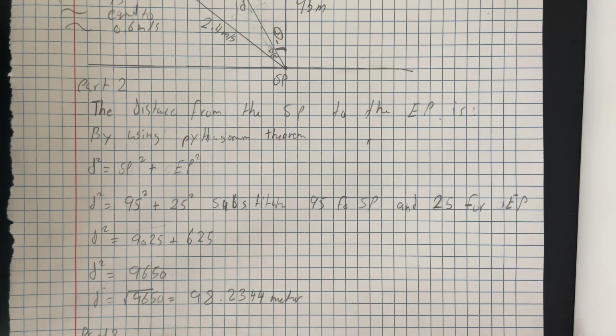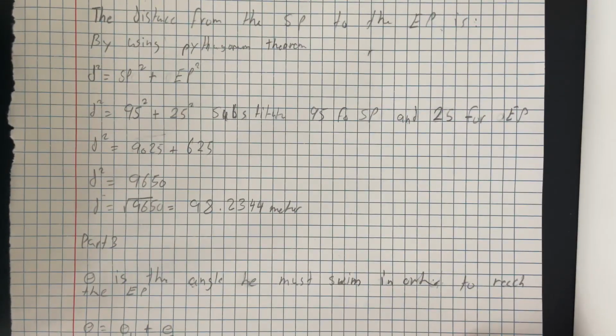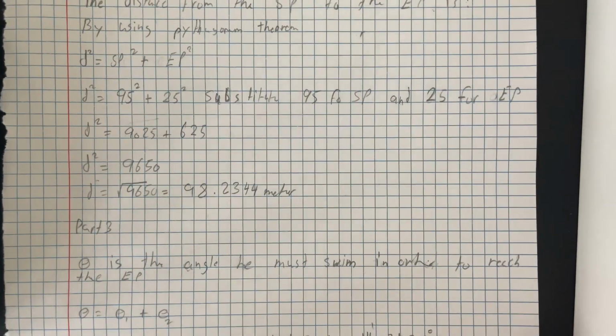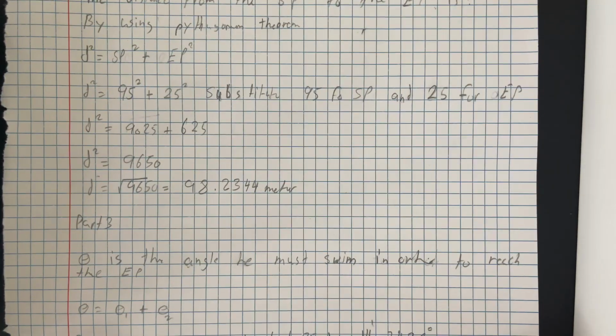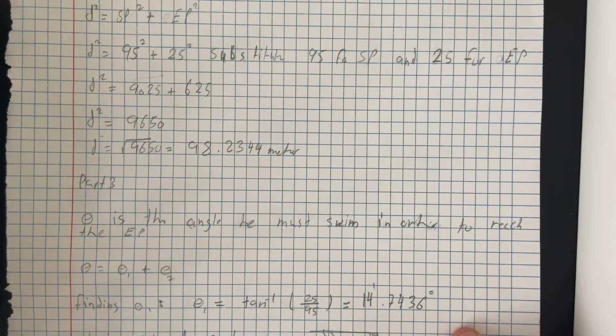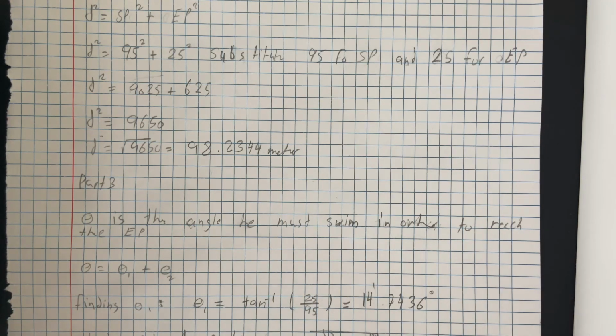We're going to calculate theta. Theta is the angle he must swim in order to reach the end point. To find theta, we're going to find theta 1, and then we add theta 1 with theta 2. To find theta 1, I'm going to do tan inverse 25 over 95, which is equal to 14.7436.